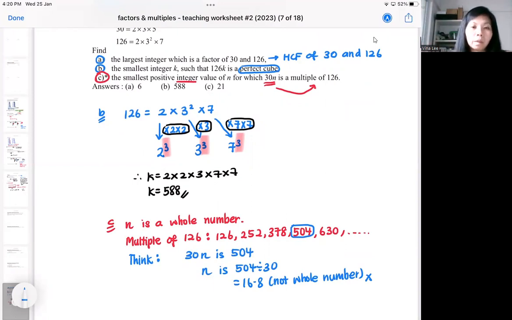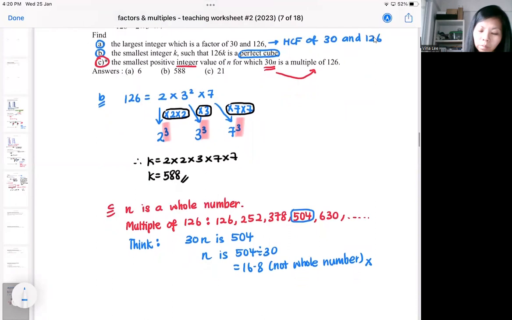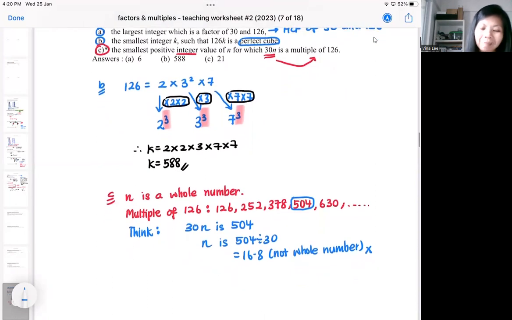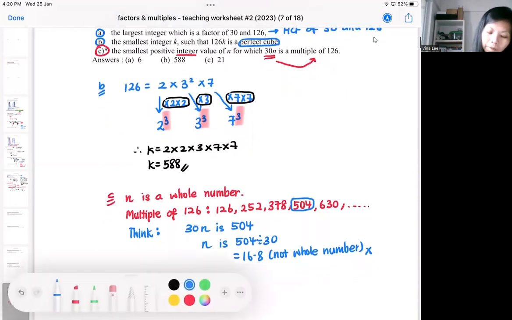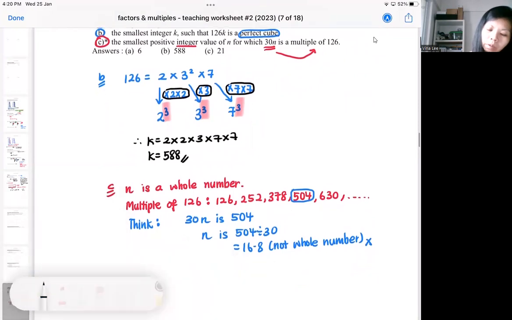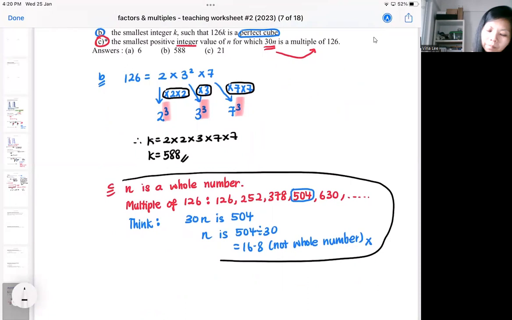So you must choose a multiple where you will end up with n being a whole number. The only way you can do that is to get the LCM. All these are the thinking process. If you choose any multiple of 126, you realize that the n you obtain is not going to be a whole number. So under what situation will it be a whole number?